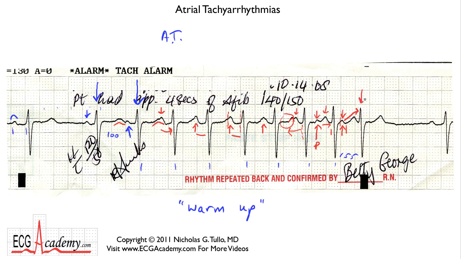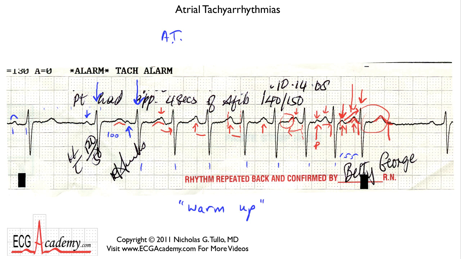And then this happens to be the last beat of the tachycardia because here there's no P wave, but what you do see is a T wave that looks exactly the same as this T wave. This T wave and this QT interval is the same as this QT interval and this T wave. So this T wave, that's the T right here, and the P wave is this bump that comes after the QRS. Isn't that cool?